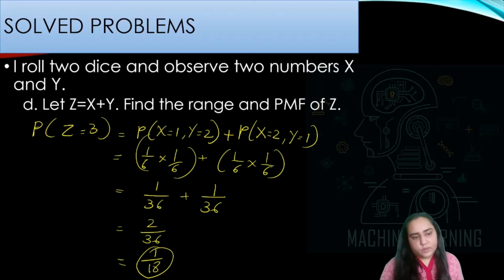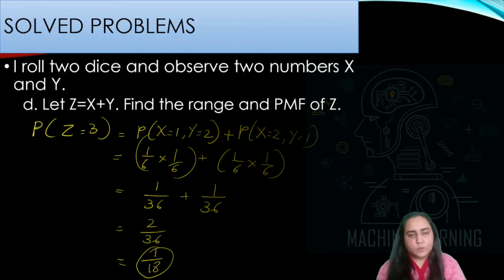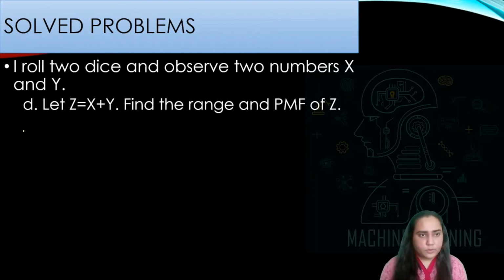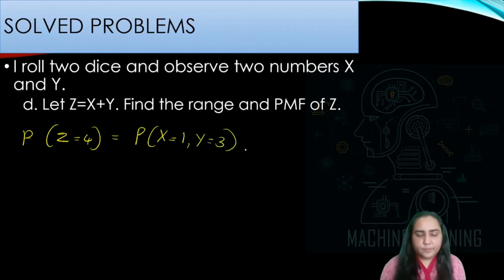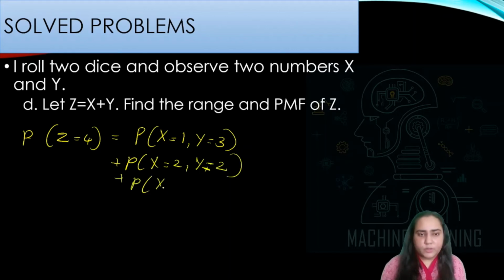Now let's calculate the probability of z being equal to 4. So for z equal to 4, we can write down P of z equal to 4. You can get the probability of z equal to 4 by calculating the probability of x equal to 1 and y equal to 3, plus the probability of x being 2 and y being 2, and then add to it the probability of x being 3 and y being 1.